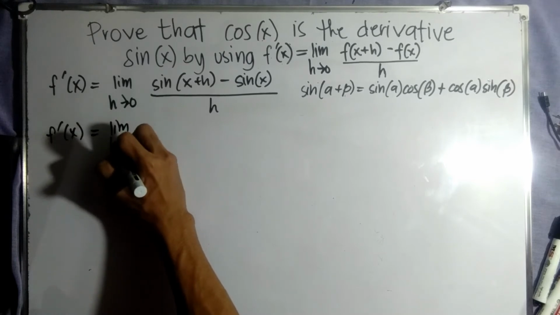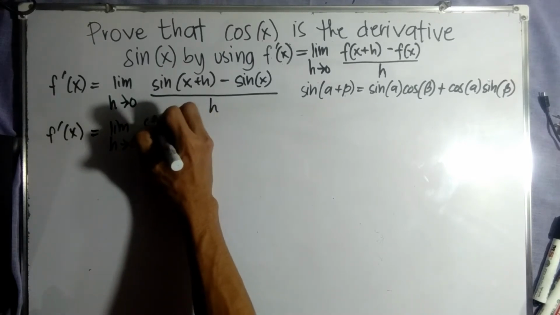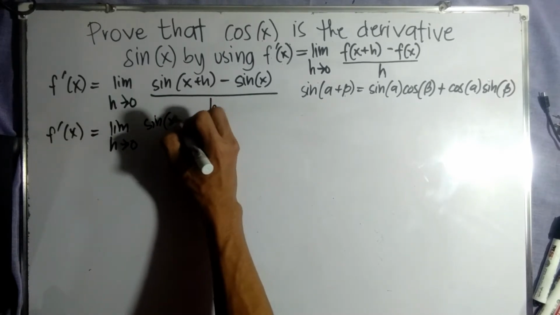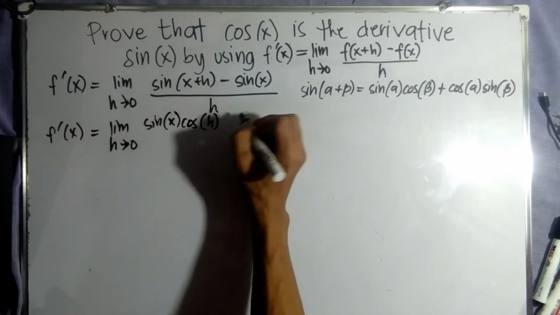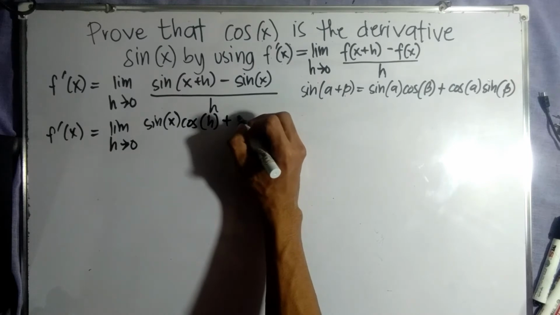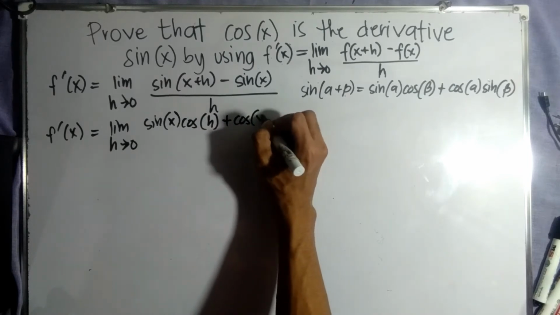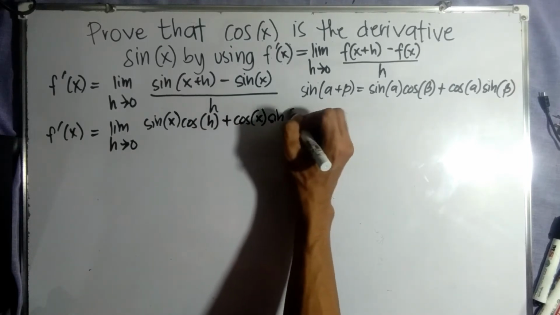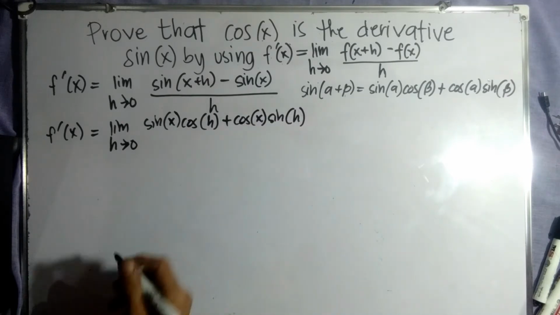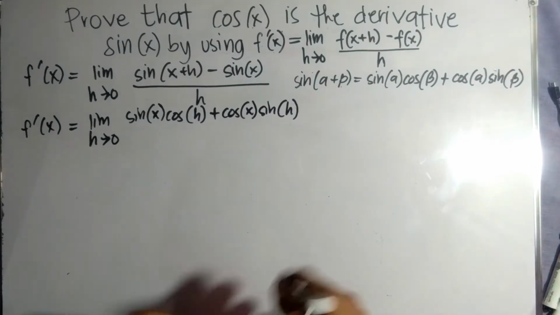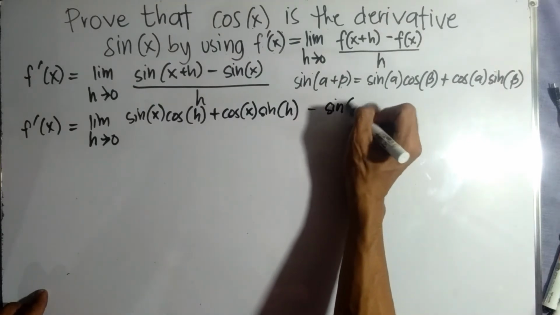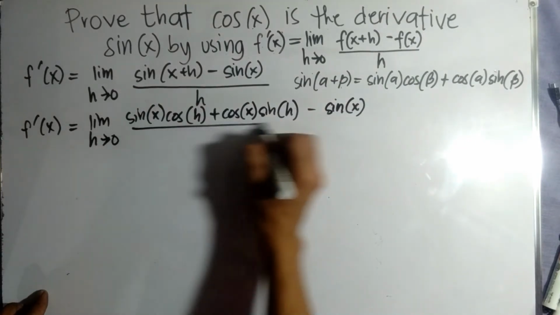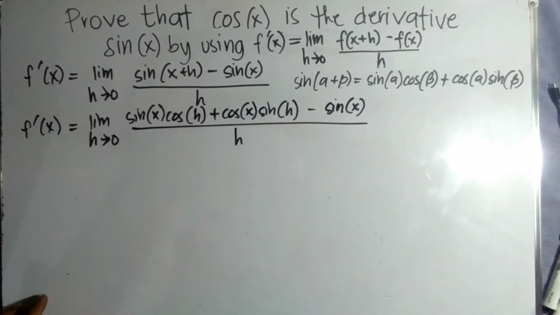limit as h approaches 0 of sine first angle x times cosine second angle h plus cosine first angle and sine second angle. Okay? Then, subtracted to initial function sine x all over that h.